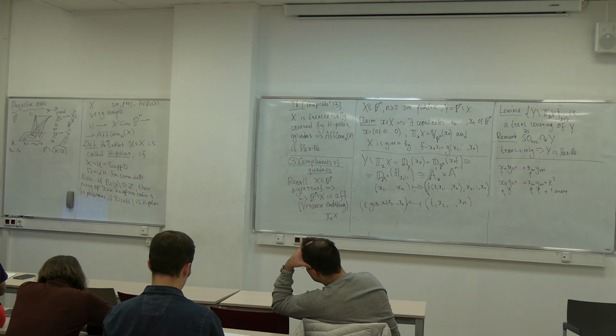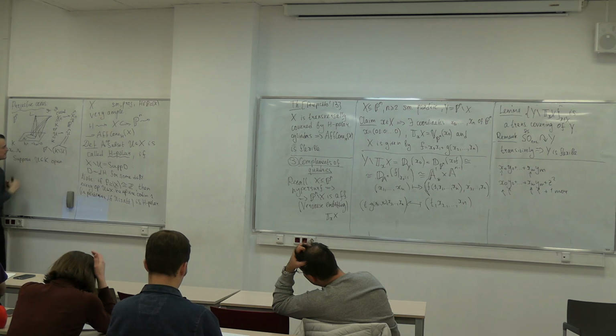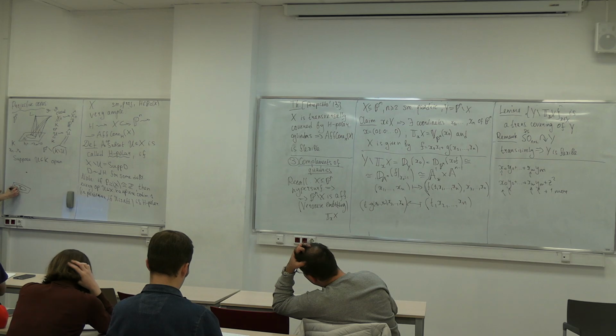And the thing here is the following. So suppose U in K is open and contains a hyperplane. So let me draw another picture with just a point to make it easier. So here I have U open, and I want to have a hyperplane in the complement.